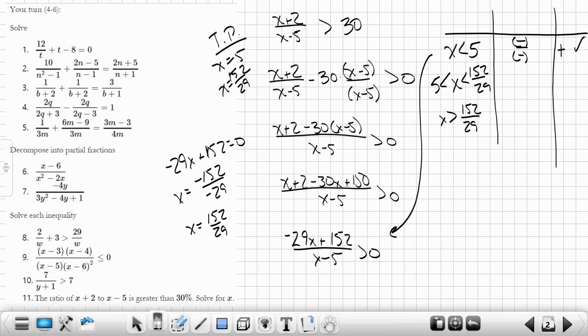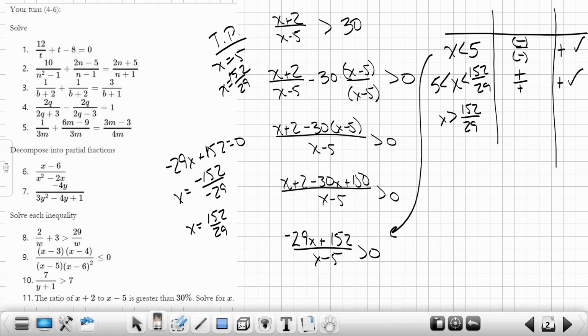If I pick something between 5 and 152/29, I'll get a negative, or sorry, I'll get a positive over a positive, which is positive.